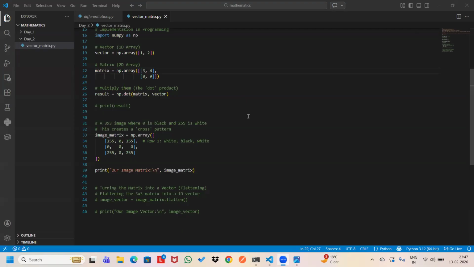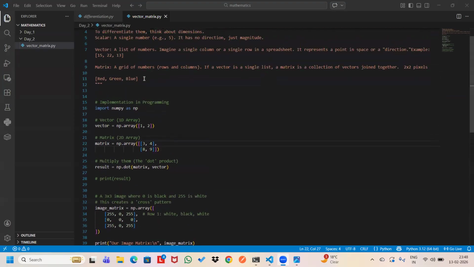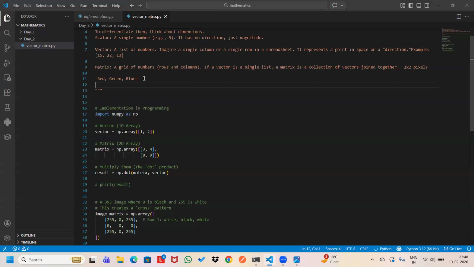That means they prefer one long line of data. So we do something called flattening, which turns our matrix into a single vector, so that the computer can understand. Suppose I have a matrix of 3 cross 3.